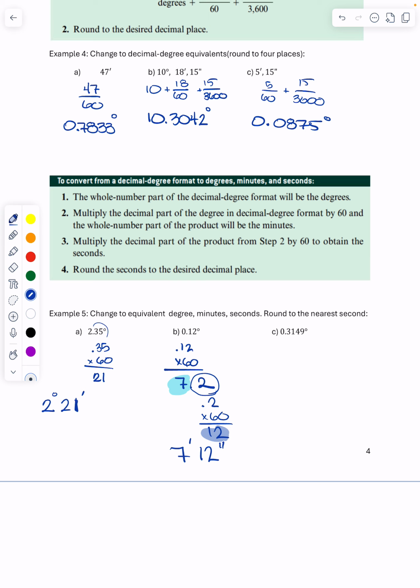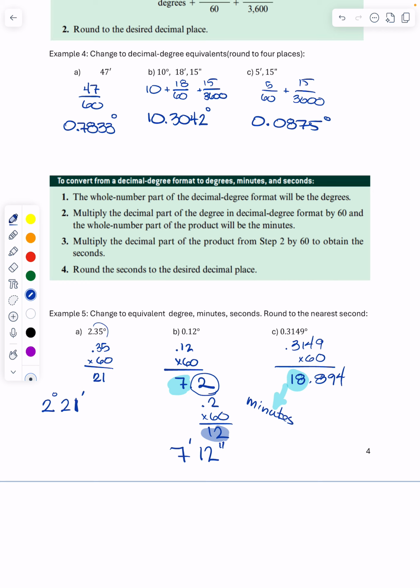So let's try this again. 0.3149. I am going to start by multiplying by 60. When I do that, I get 18.894. The whole number part is my minutes.